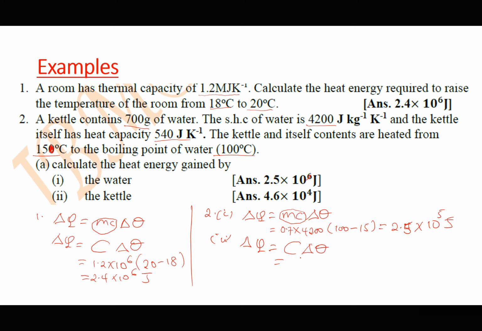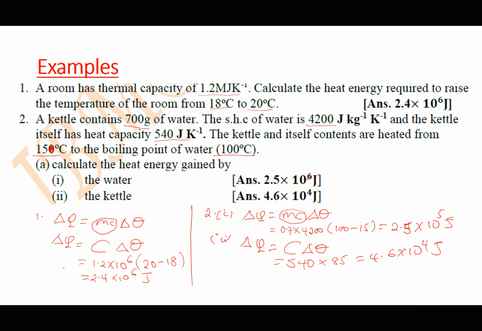The heat capacity has been given as 540 joules per kilogram times the change in temperature, which is going to be the same, 100 minus 15, that is 85. So 540 times 85 gives me 4.6 times 10 power 4 joules. As simple as that.